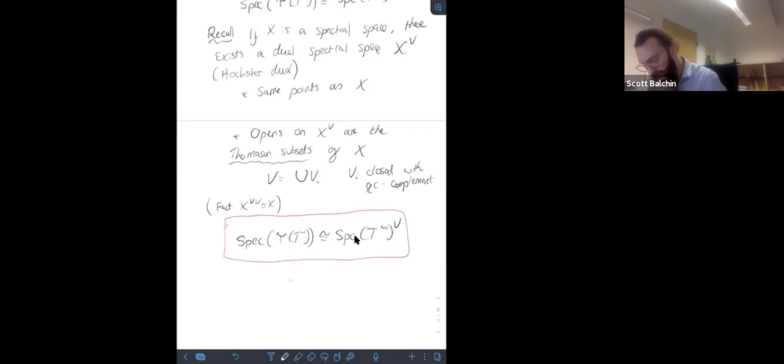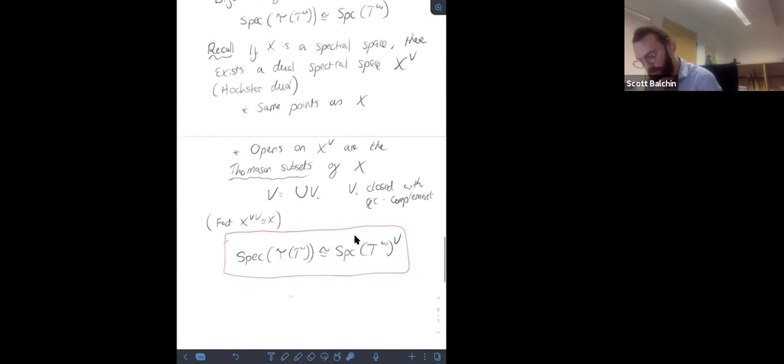Well, this follows from this formalism quite easily. The opens of this space are just the thick tensor ideals, and by the definition of this dual construction, we see that the opens correspond exactly to the Thomason subsets. So this is a lattice theoretic interpretation of Balmer's classification result.